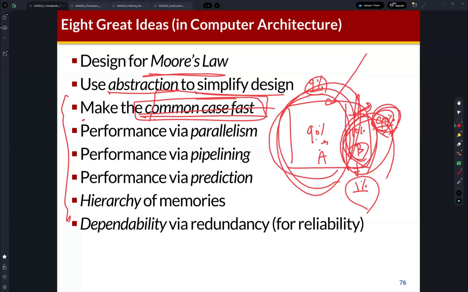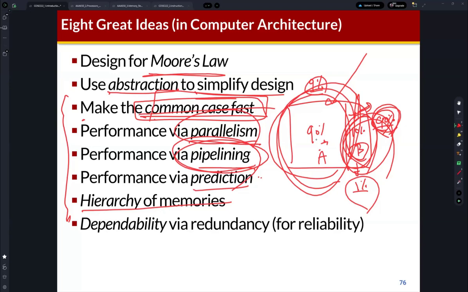And then performance via parallelism, pipelining, prediction. We will learn about pipelining in chapter 4, and parallelism also in chapter 4. Prediction is an advanced concept. And then hierarchy of memories: we will learn about the memory hierarchy in chapter 5.